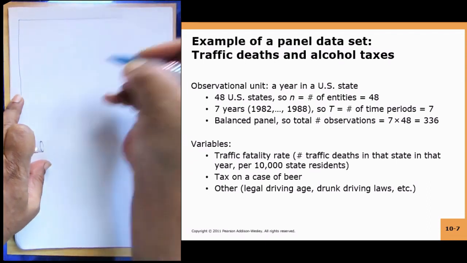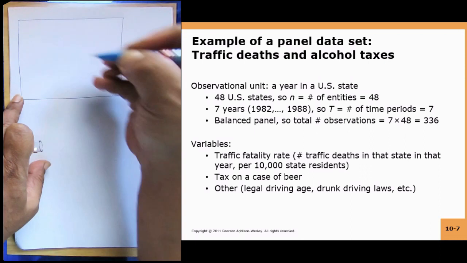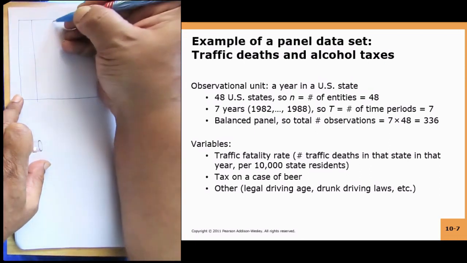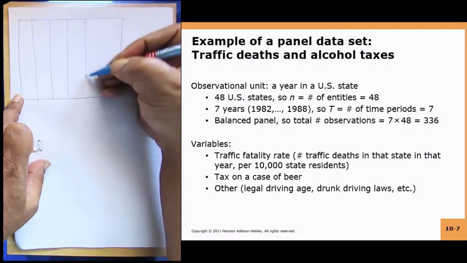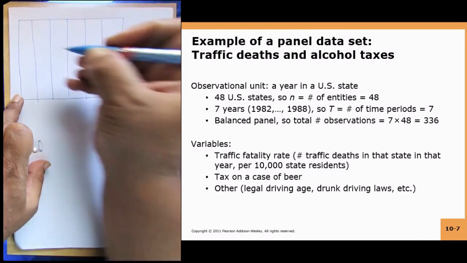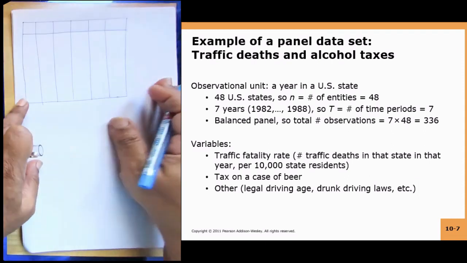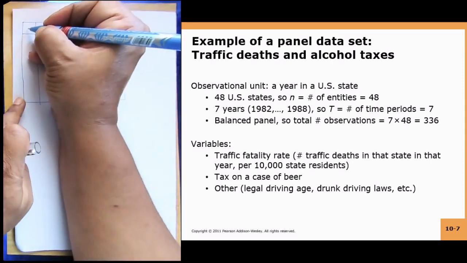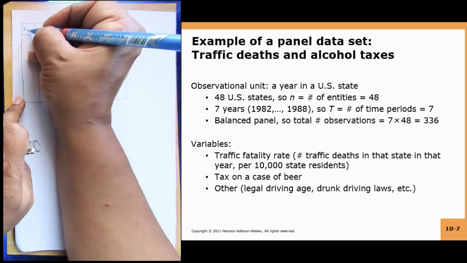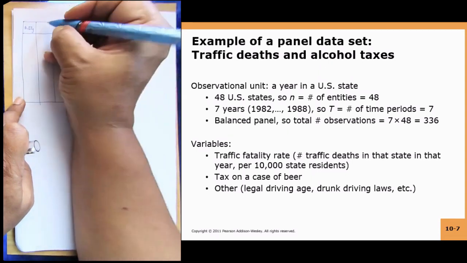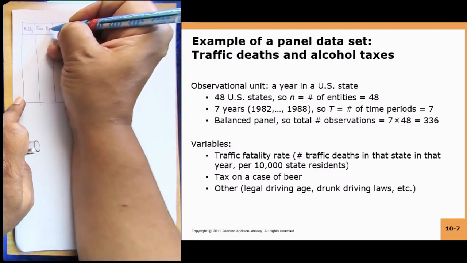So basically we have different columns for the different variables that we might include. Right now we have only two variables that we are looking at. The first column is for the entity. The second column is for the time period.